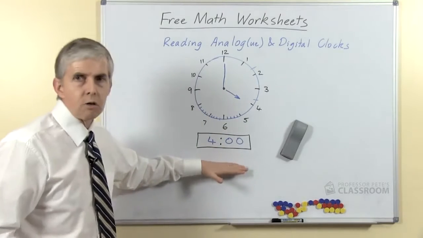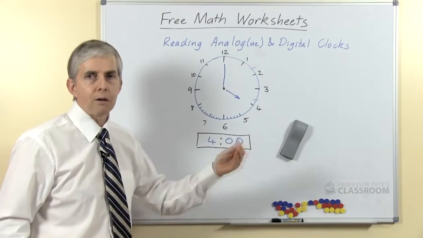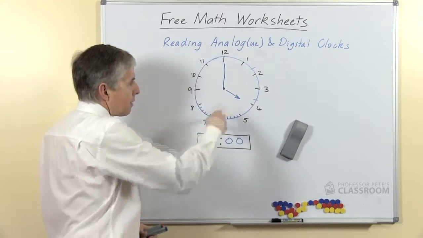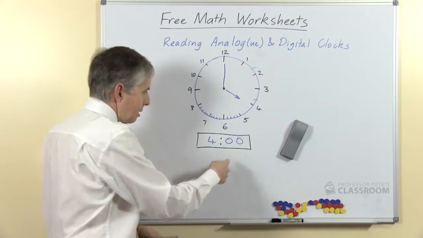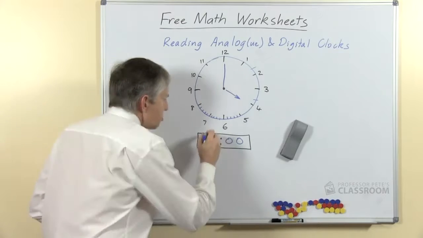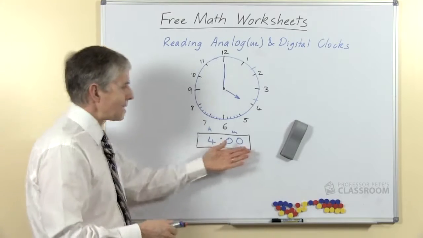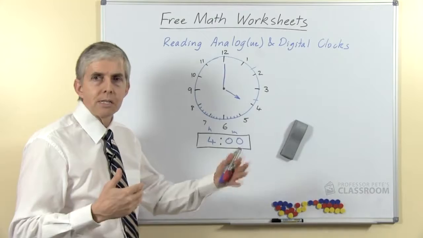The thing about the digital clock is it's more straightforward in its presentation of the hours and minutes, because they don't cross over each other the way the hands on an analog clock do. They simply show a number for the hours and a number for the minutes. And of course we can label this for our students. But that makes it relatively straightforward. It's more like reading numbers as they get bigger.